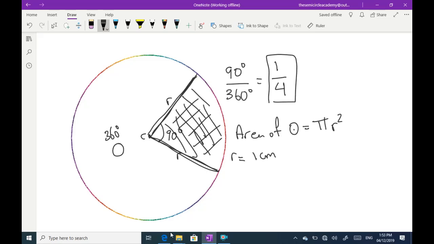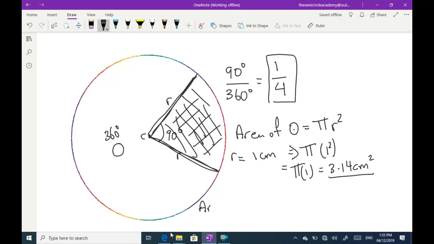So the area of the circle would be pi times 1 squared, and we all know 1 squared is just 1, so it would just be pi times 1, which would be equal to 3.14 centimeters squared. So this is the area of the full circle, 3.14 centimeters squared.